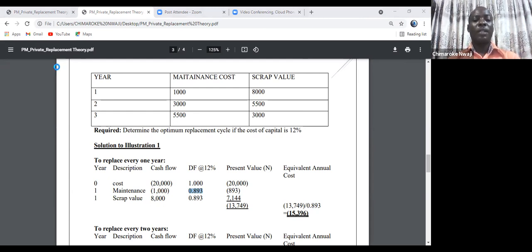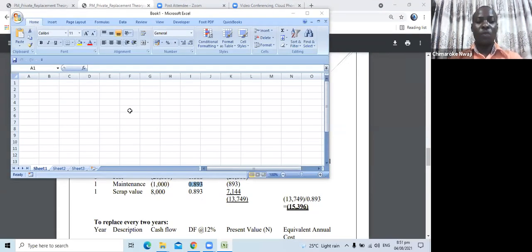So discount factor, let me take you to Excel to see it here. Our discount factor here is 12%. So let's say this is our discount factor, 12%. And let's convert it into decimal, which is 0.12.